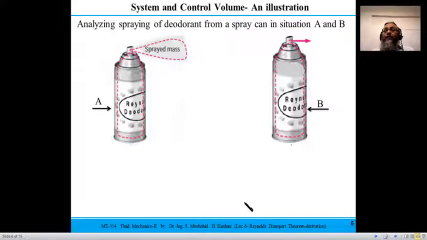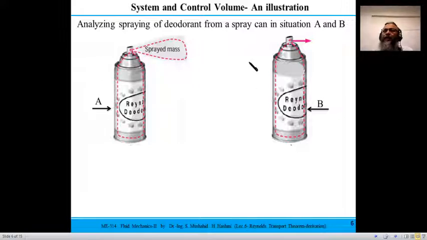Okay, let's check the understanding of system and control volume. A system is a fixed entity of mass, whereas a control volume is a fixed region of interest where something is coming in and something is leaving. Suppose you have a deodorant, which we call a Reynolds deodorant here. In case A, my system is defined by means of these dashed lines.